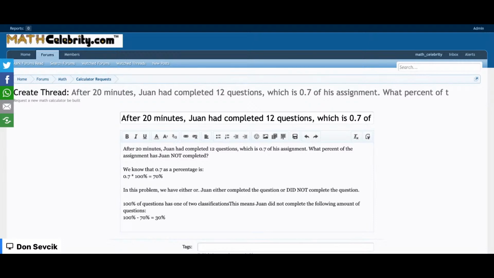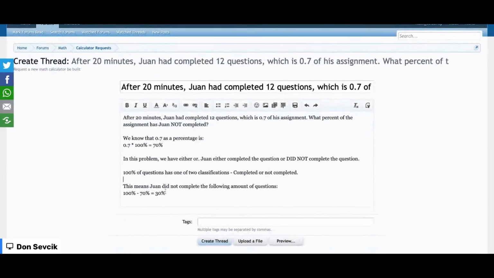I'm going to write this out for people that don't get what just happened. Completed or not completed. This means Juan did not complete the following amount of questions. So we take 100%, which is all the questions, minus 70%, which he completed, and you get 30%. And that is how you solve that one.